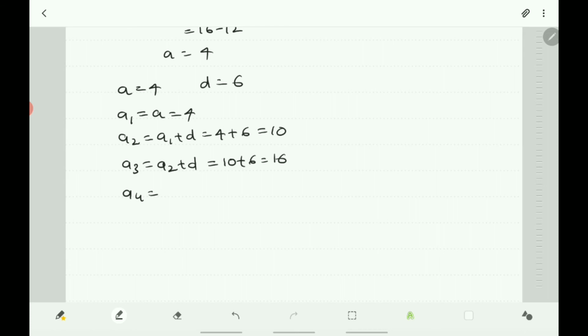A4 is equal to A3 plus D, that is 16 plus 6, 22. Therefore, the AP is 4, 10, 16, 22, and so on.